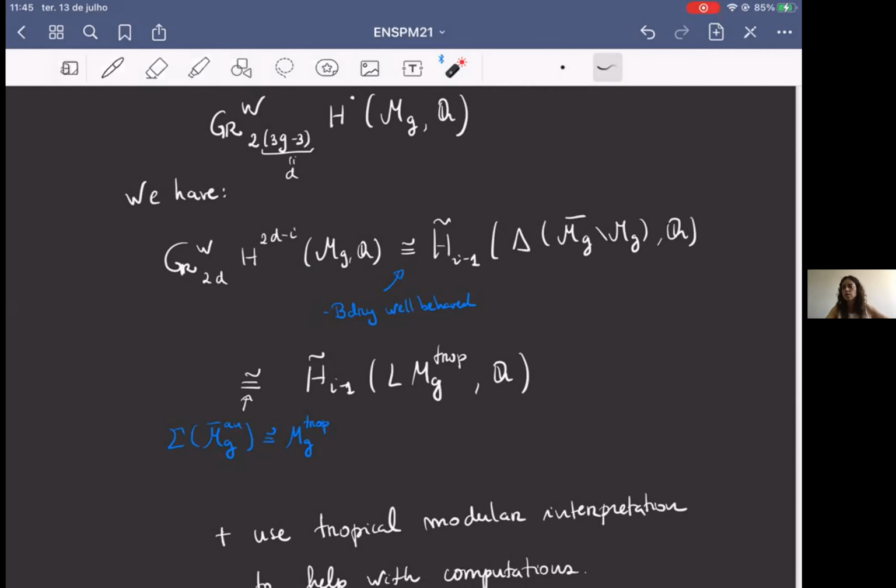Until g equal to 7, we can really compute the top weight cohomology, and there are also classes that we can describe that were conjecturally describing some classes in other compactifications, like the Satake or Baily-Borel compactification of A_g.